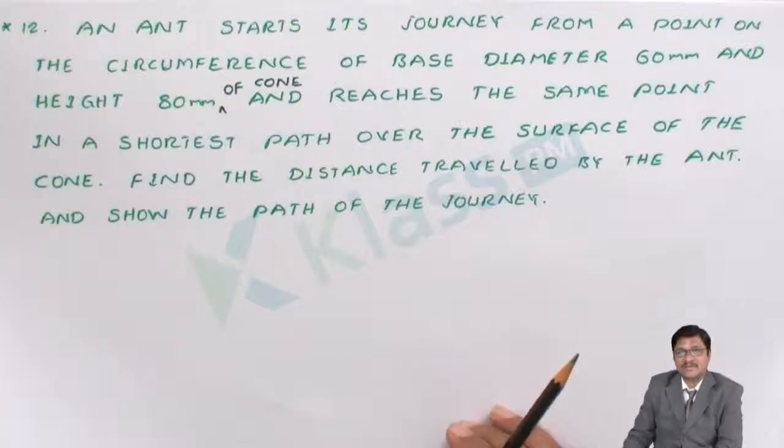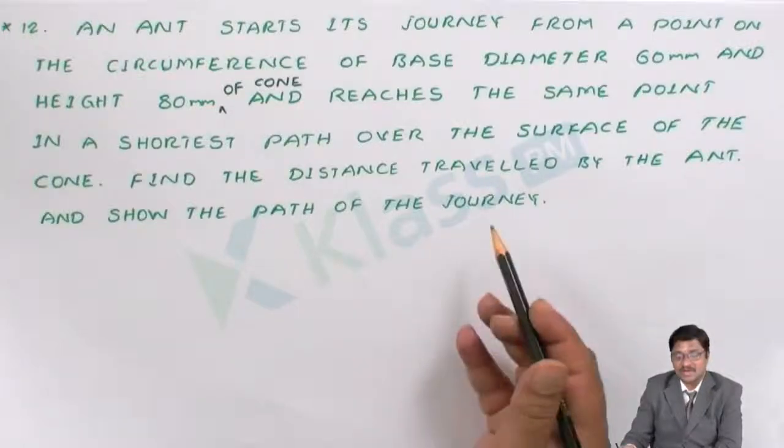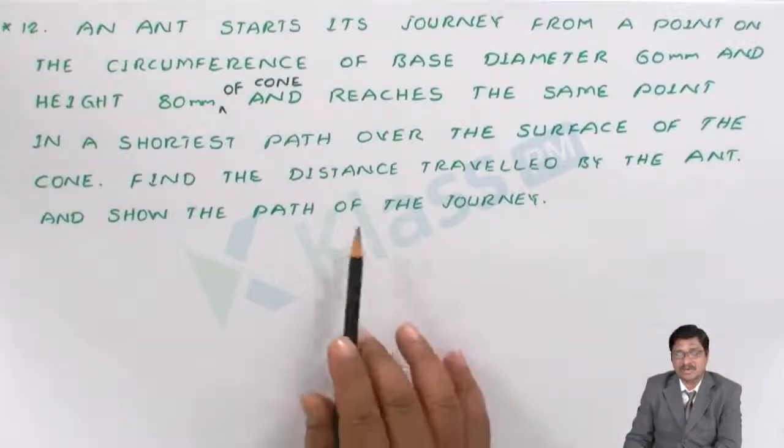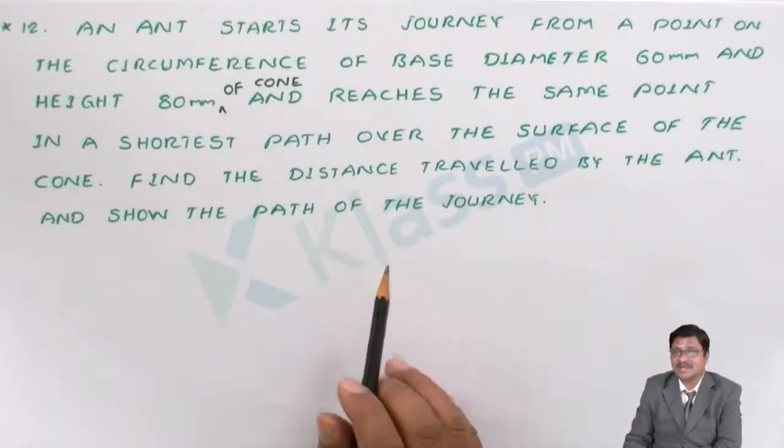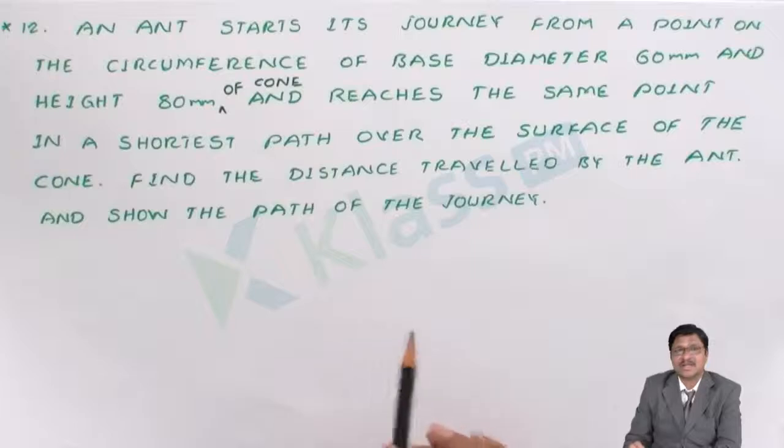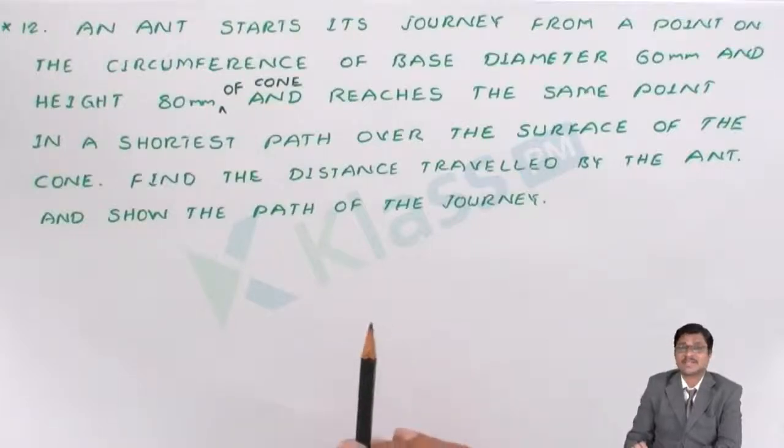Whenever a solid problem asks any shortest-related question, it is indirectly the development of the surface. It is nowhere asking you to develop a particular surface of the cone, but logically you have to understand this.